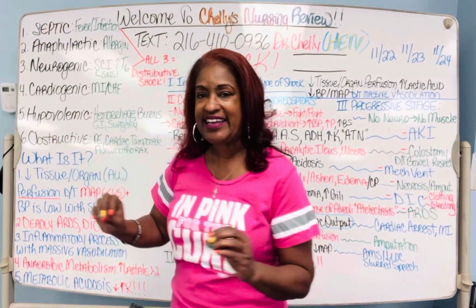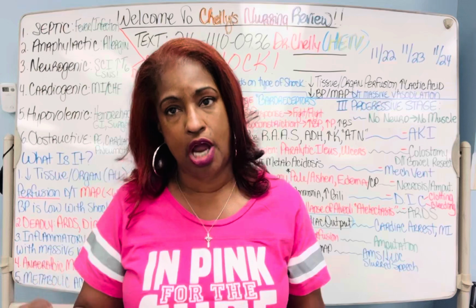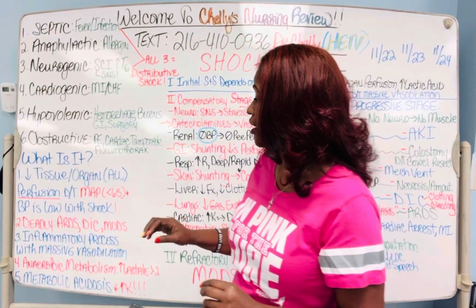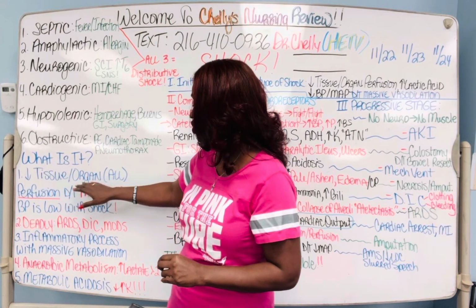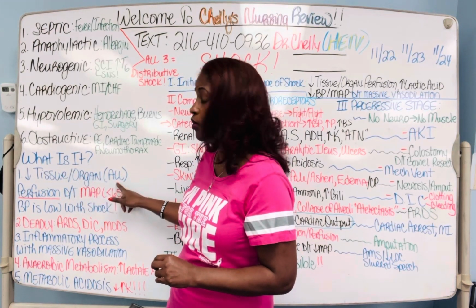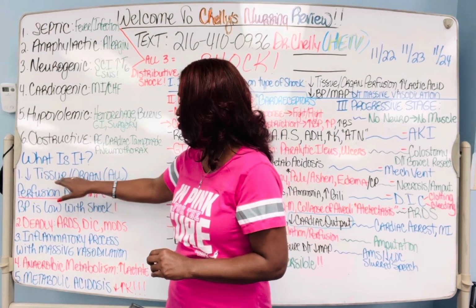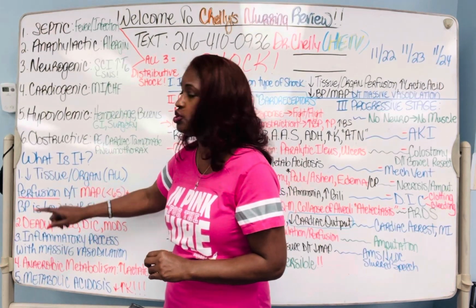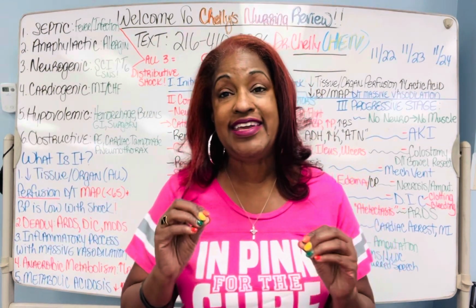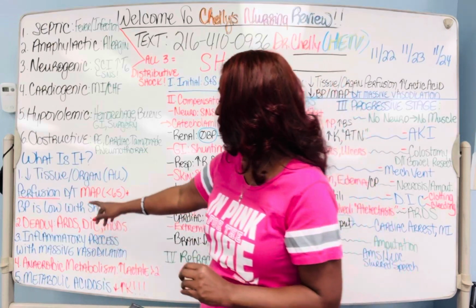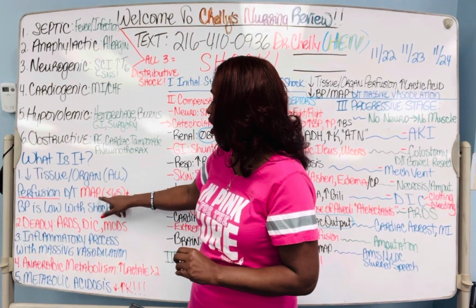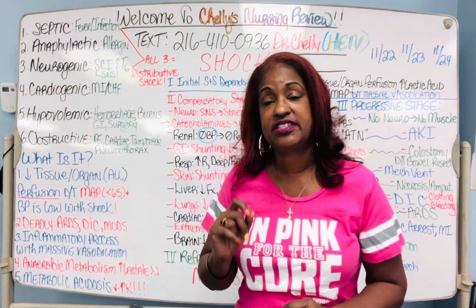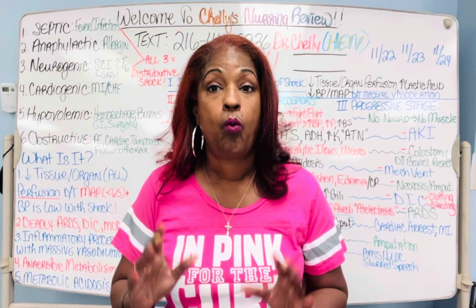What exactly is shock? Shock is decreased tissue and organ, all organs, decreased tissue and organ perfusion due to a decrease in the mean arterial pressure less than 65. Now, why?